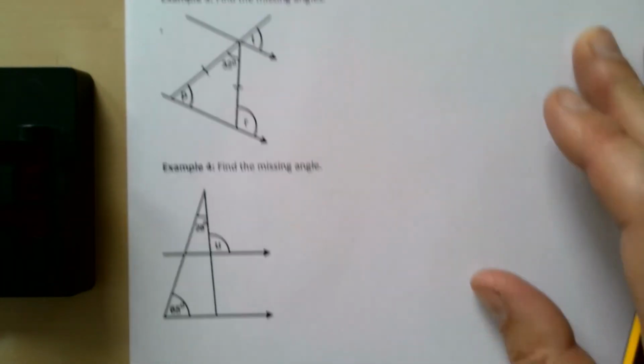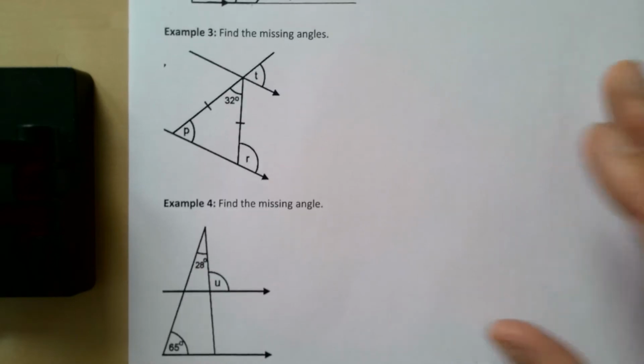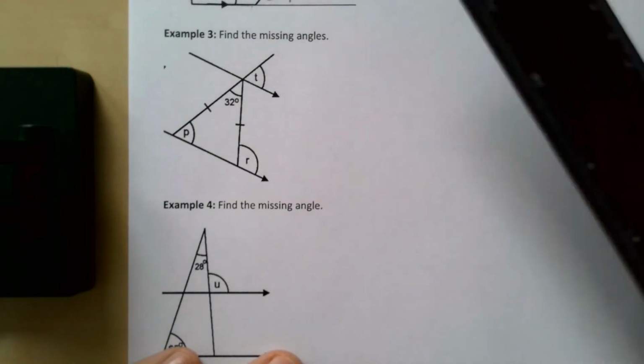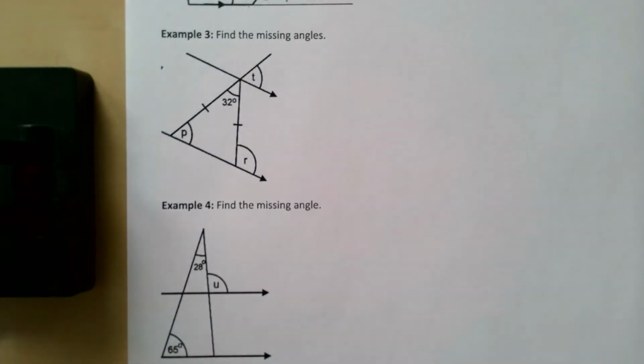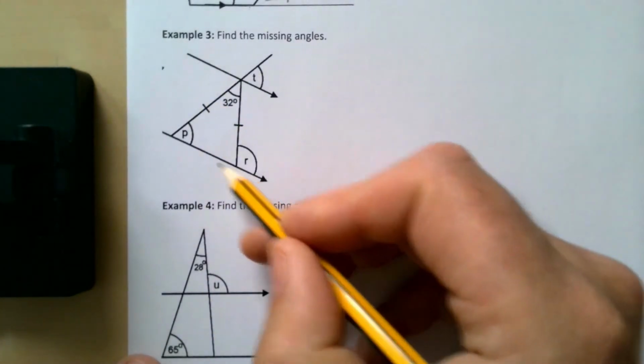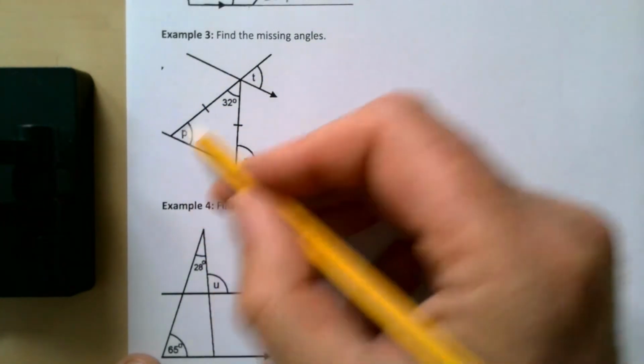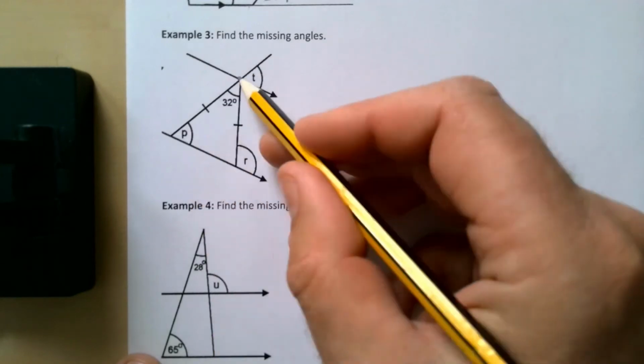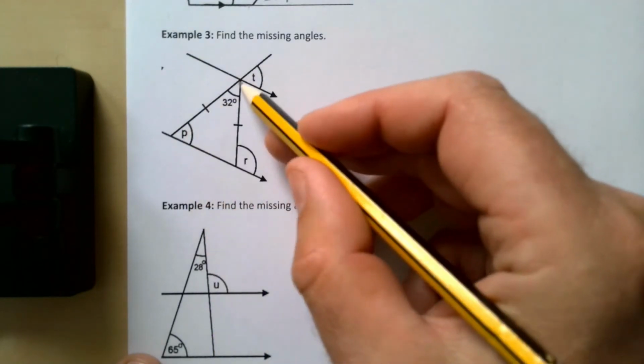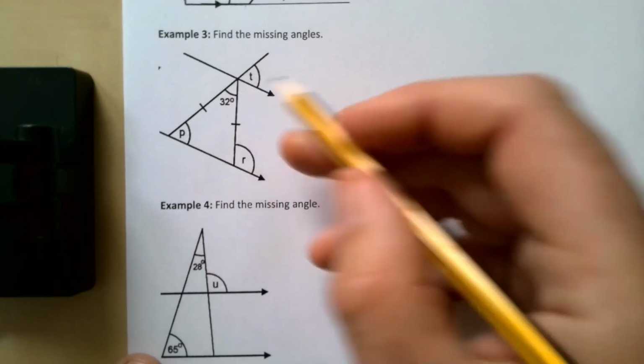Okay, example 3 says find the missing angles. Goodness, so let's see how we get on here. Right, first of all, let's take this triangle here. Okay, this is an isosceles triangle. How do I know? Because these 2 lengths are the same.